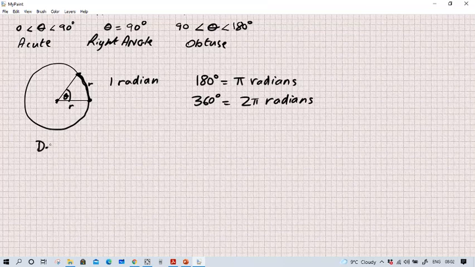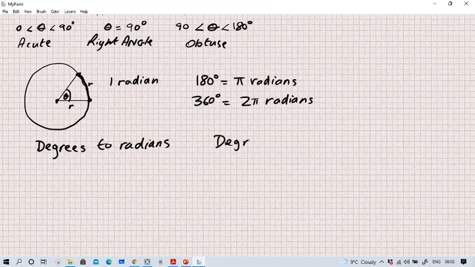If I want to convert degrees to radians, we take my degrees and multiply it by pi over 180.